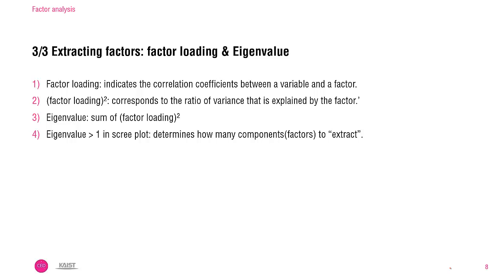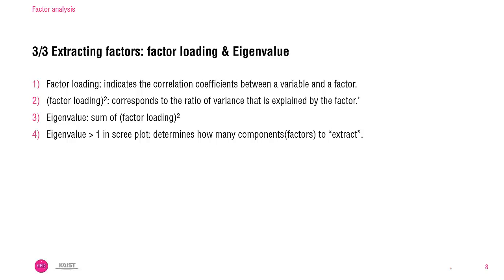And this is the last step, extracting factors. In this step, we need to know several terms. The first one is factor loading. It indicates the correlation coefficient between a variable and a factor. When we square this value, that squared value corresponds to the ratio of variance that is explained by the factor.